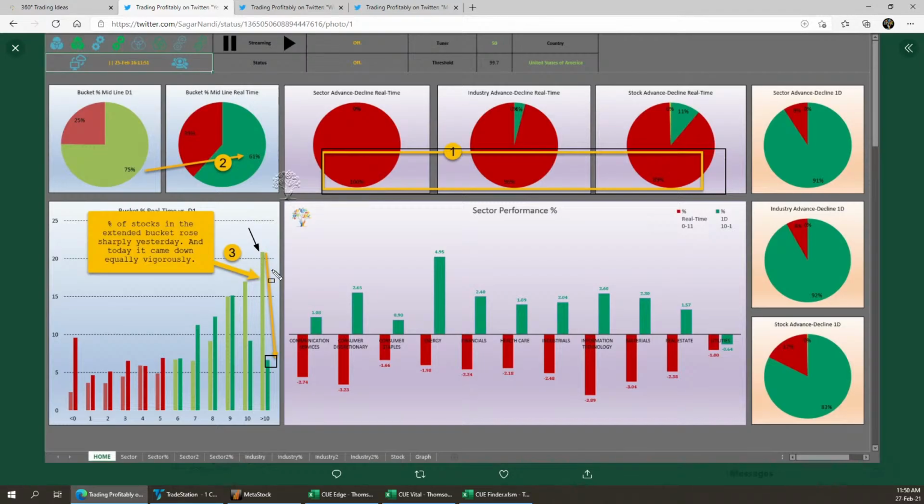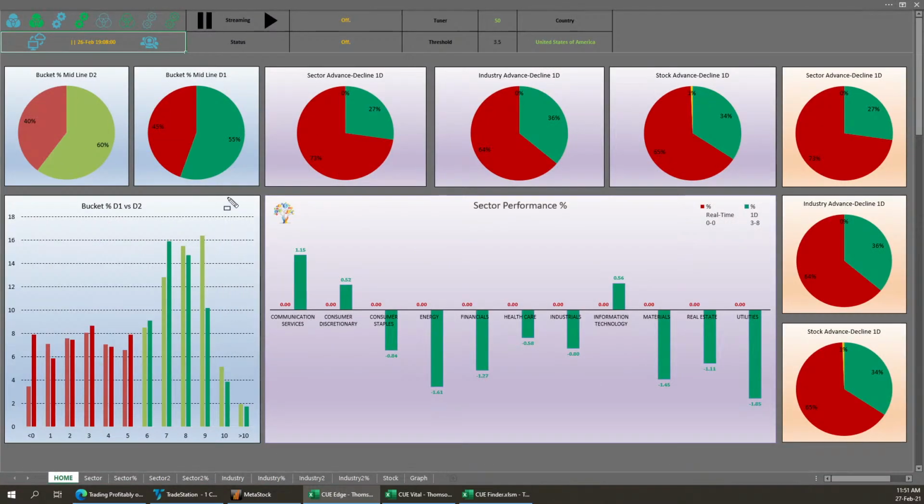Now, the overheating can be seen in two ways. One is, as Dr. Jeffrey uses, when the percentage of stocks in the highest bucket goes to say 30-40. Another way that I saw during the recent reversal is when the change is sudden, by 10% or more in the highest bucket.